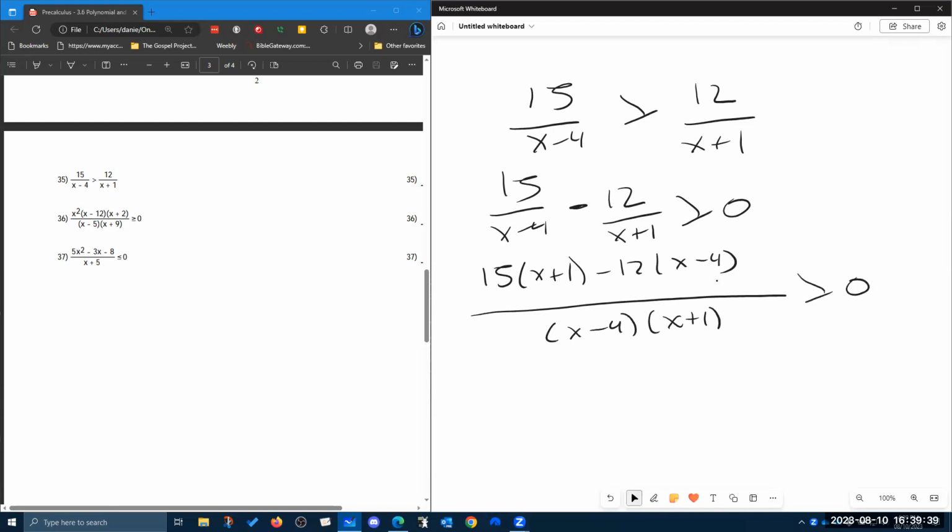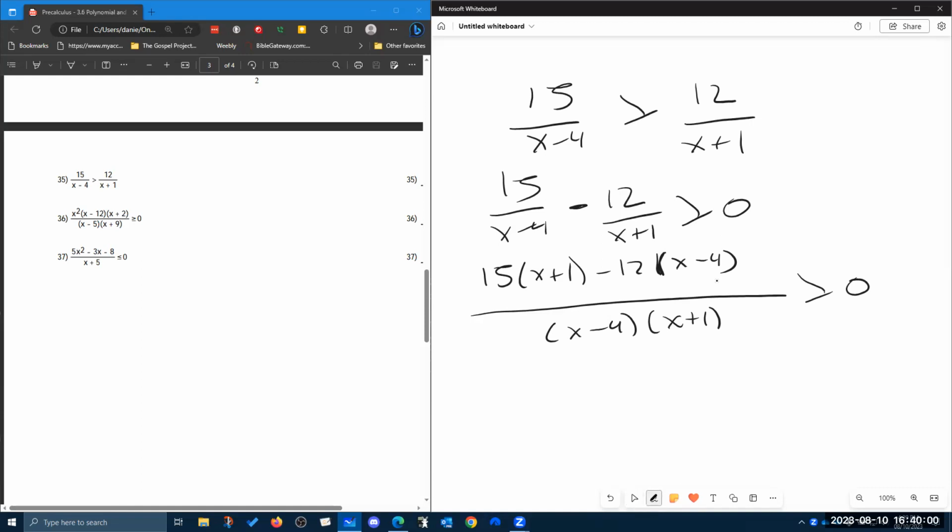You're not allowed to multiply by that variable on both sides to try and clear the fractions, because we don't know whether that expression would be positive or negative. It depends on the value of x. So we don't know whether we would maintain the direction of the inequality sign or change it.